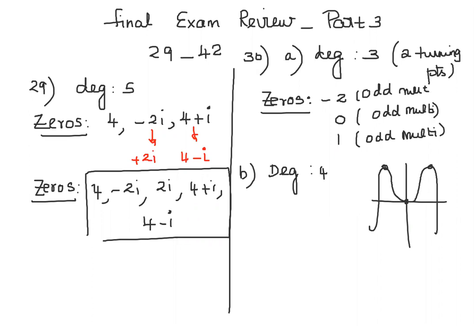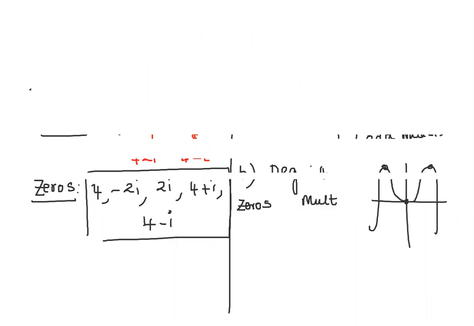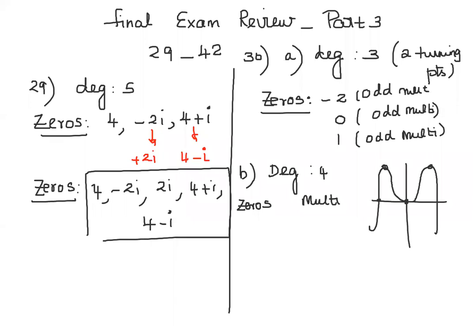And let's write the zeros and the multiplicity. There are 3 zeros: negative 5, 0, and positive 5.